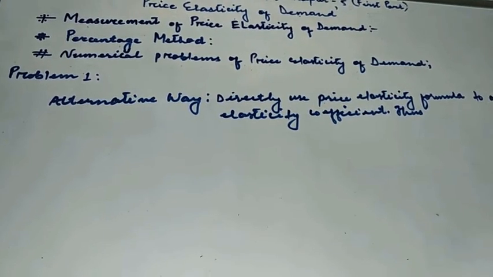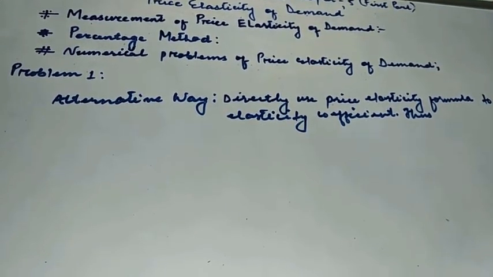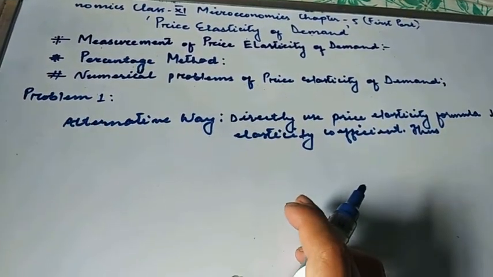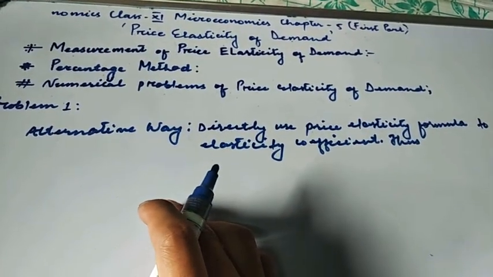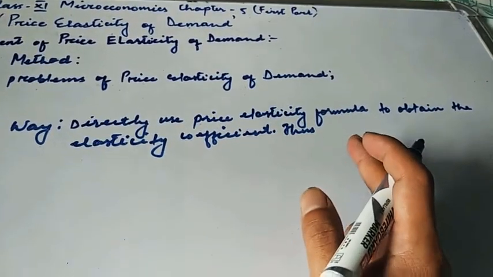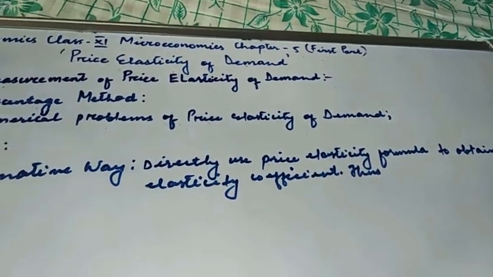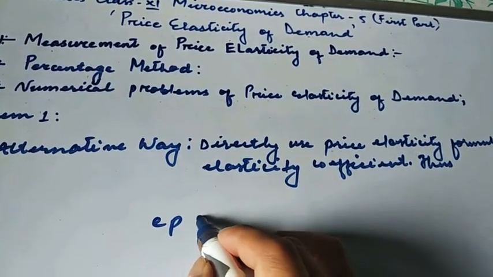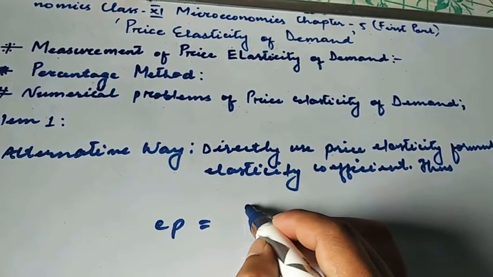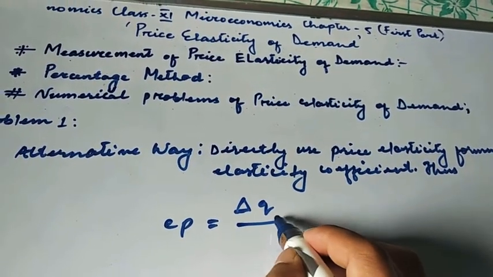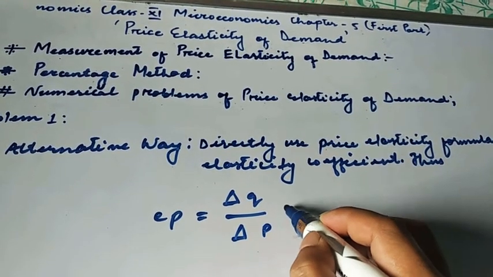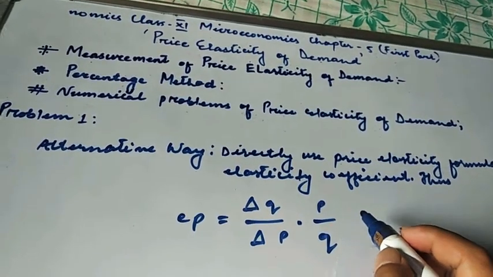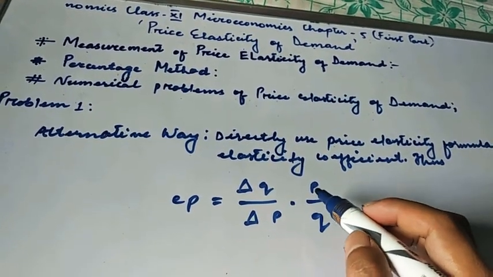There is an alternative way to find out the price elasticity of demand, and we are taking the example of problem number 1 to explain that. In this method, we directly use the price elasticity formula to obtain the elasticity coefficient. So what is the price elasticity formula? EP equals change in Q divided by change in P into P divided by Q. We have found out these values, and the rest are in the question.